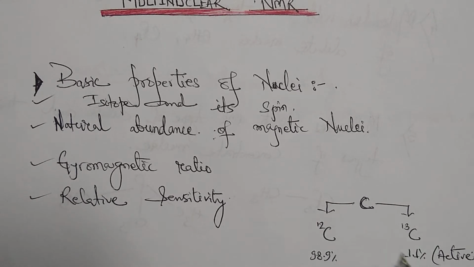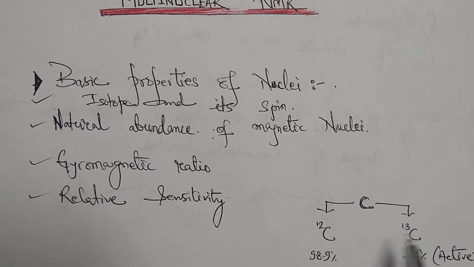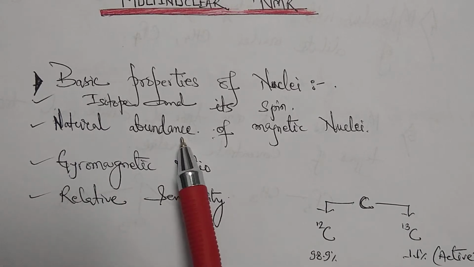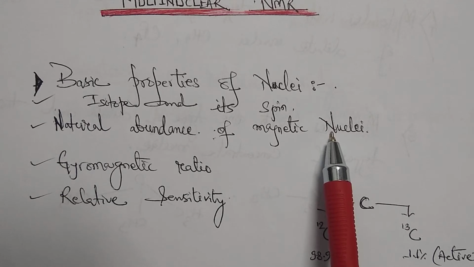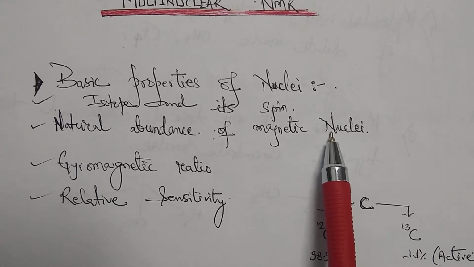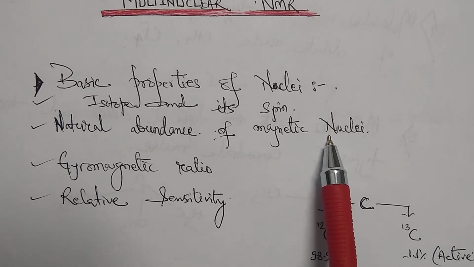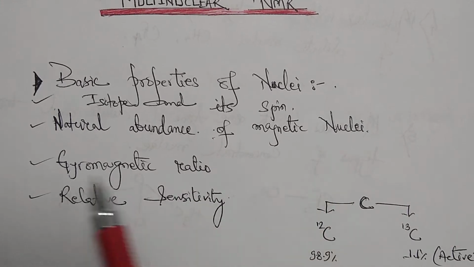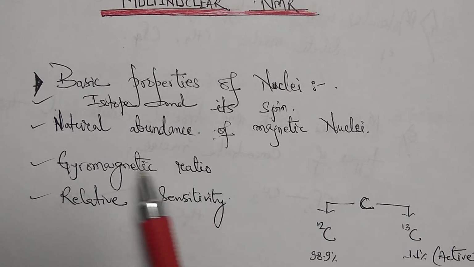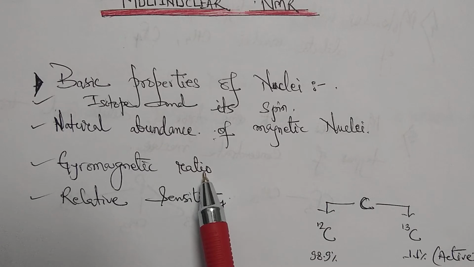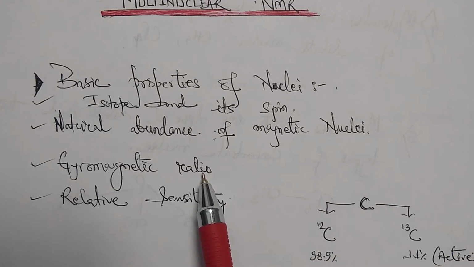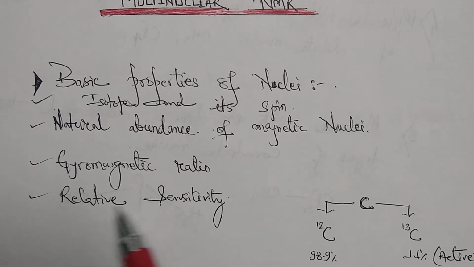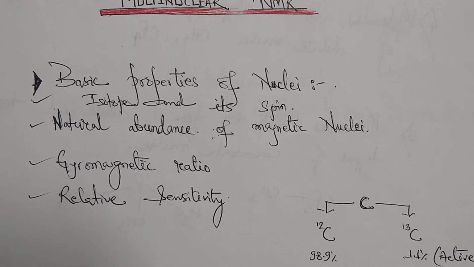Here the abundance of 13C is very low, whereas the natural abundance of magnetic nuclei should be high to give a significant NMR signal. Likewise, they should have a high gyromagnetic ratio, so a higher gyromagnetic ratio is preferred over a lower one, as it determines the relative sensitivity of the nuclei.